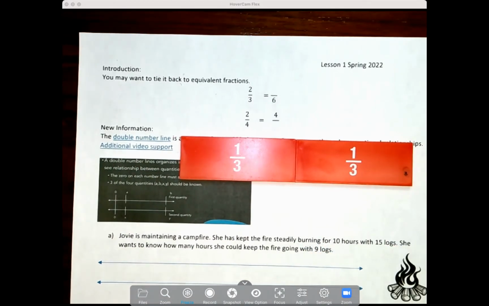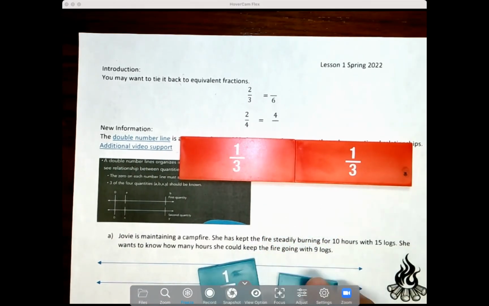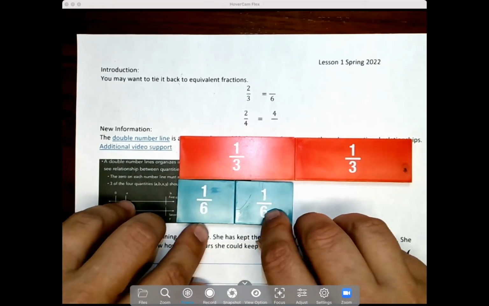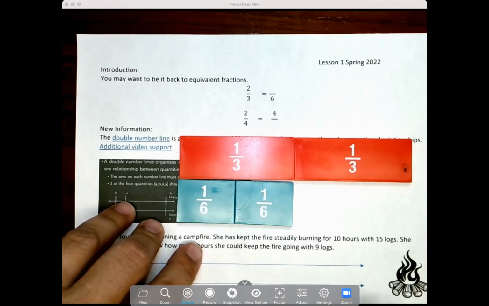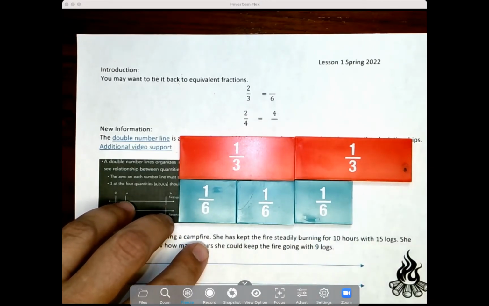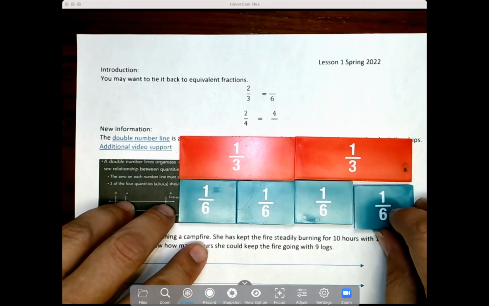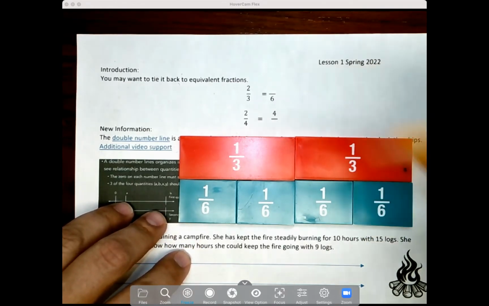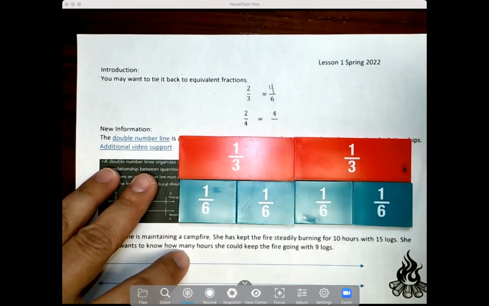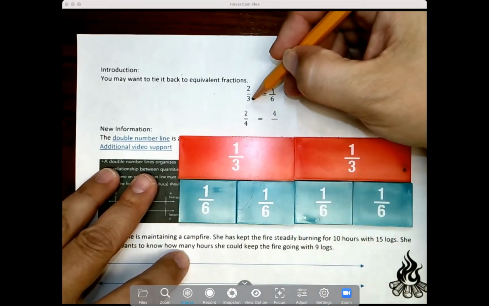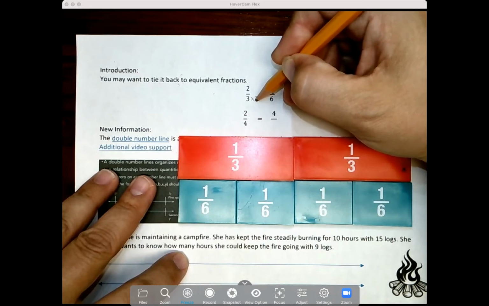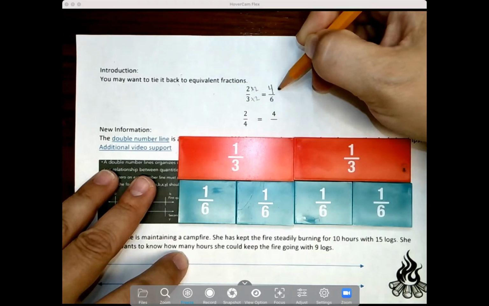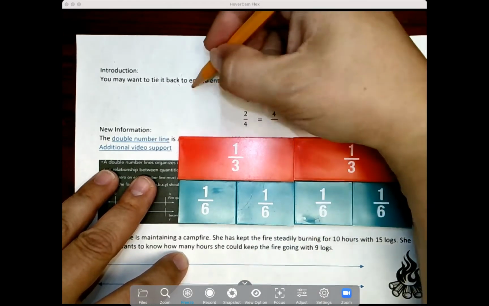I have my sixths here, and I'd say 2/6 are equivalent to 1/3, so 4/6 are equivalent to 2/3. I can see this because if I do 3 times 2, I get the 6, and if I do 2 times the 2, I get the 4. So these are equivalent.